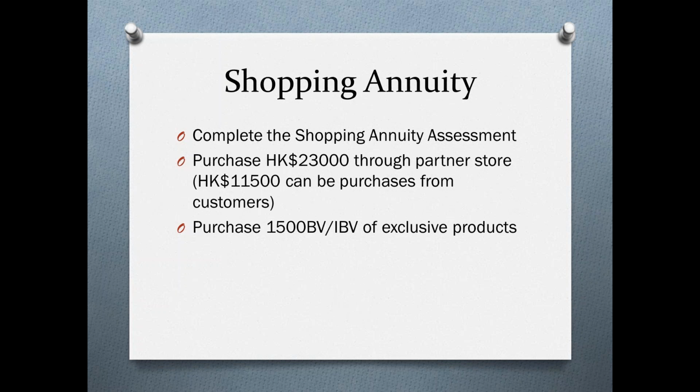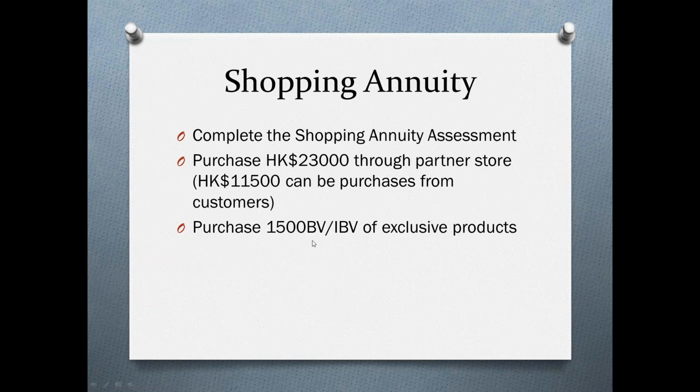You just type in all the information and get the assessment done. Number 2 is to purchase 23,000 through shop.com partner stores, and half of it can be achieved by your customers. 23,000 by you alone is okay too, but not 23,000 all by customers, because they want you to convert your own spending as well.